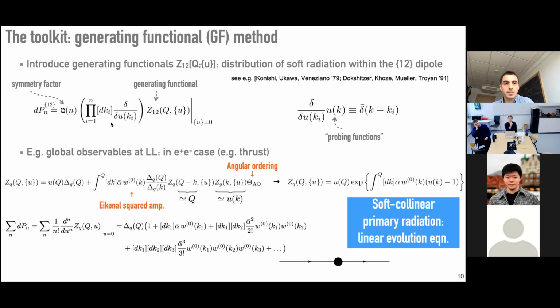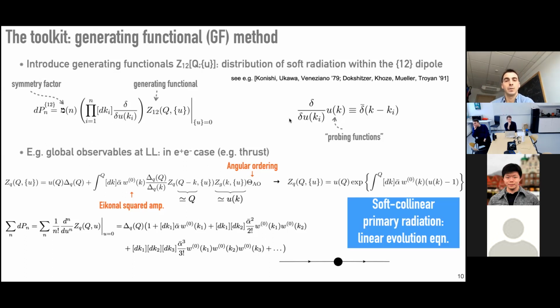So this probability is obtained by applying the functional derivative on this quantity n times, and the functional derivative acts on the generating functional in this way. The generating functional is a functional of the energy scale, in this case, the transverse momentum of the soft gluons with respect to the emitting system, and a set of these probing functions that enter the definition of the functional derivative. The role of these probing functions is essentially to tag one emission as real.